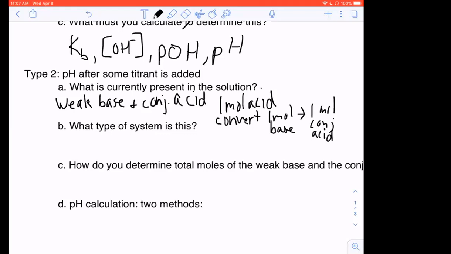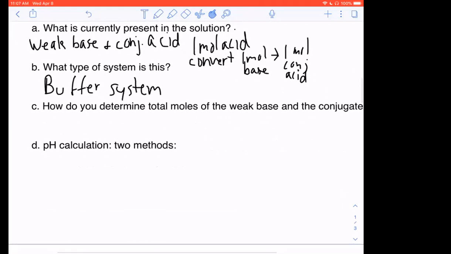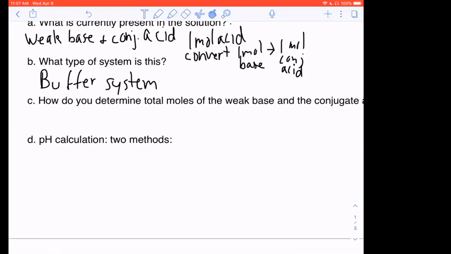And so then what type of system is this? This is where you get to something that we just ended with, which is a buffer system. So anytime you're here, you're basically going to do the exact same calculations you would have done with a buffer. If you think about it, it makes sense because all you have in the solution is that weak base and its conjugate acid.